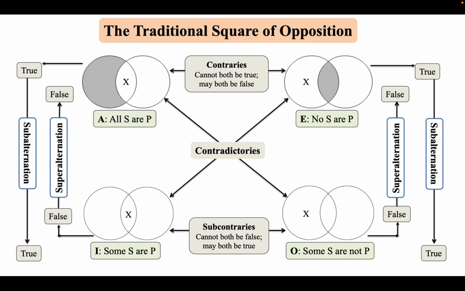So if I say, for example, that the subject class is bananas and the predicate class is yellow things, so all bananas are yellow things, the A form states that there exist bananas in the world. There is at least one banana in the world.